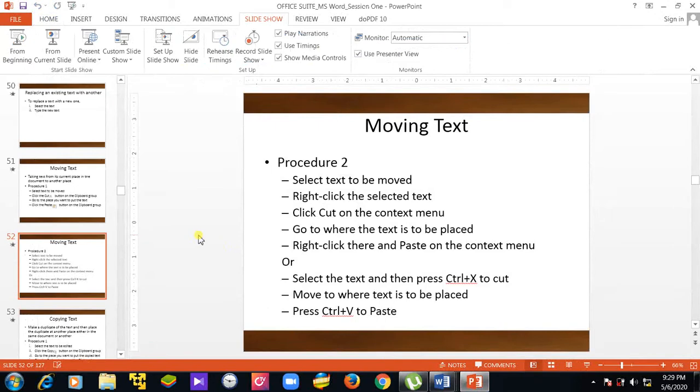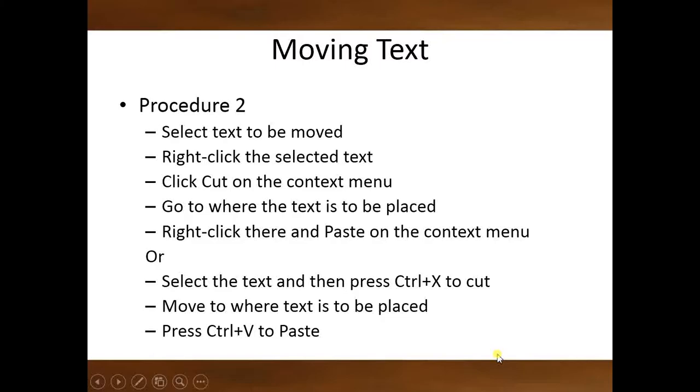Alternatively, you have your keyboard shortcuts. If you want to make use of your keyboard shortcuts, after selecting the text, you press Ctrl and X on your keyboard to cut the text.